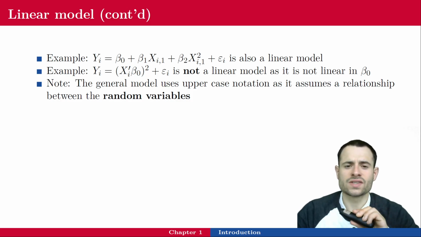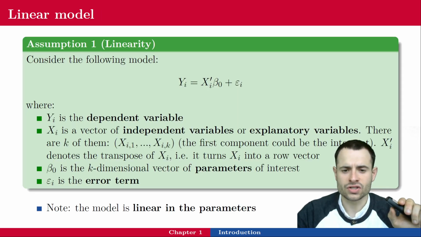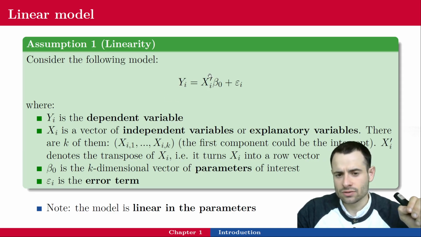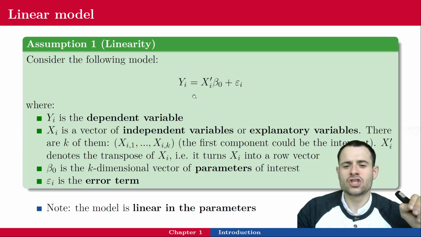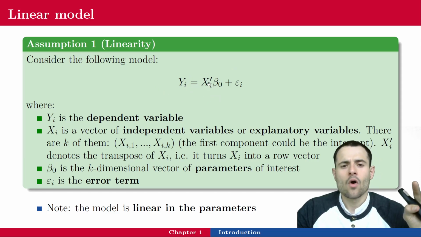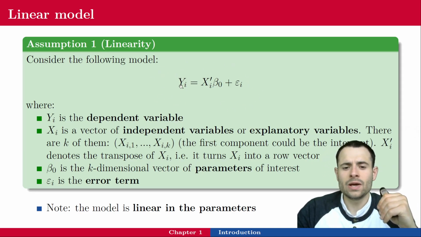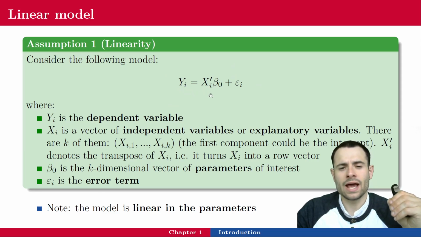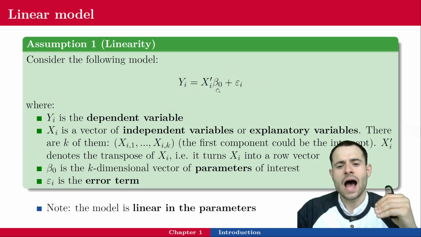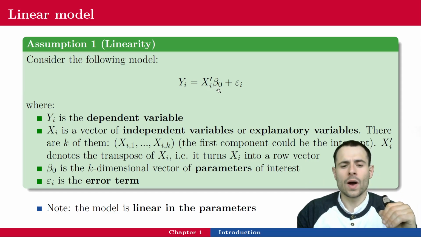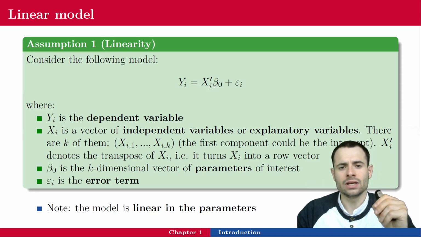I also want to emphasize that when I write models in a general form, I use uppercase letters, because this is the general form linking those two random variables. Once I take that to a sample, I can replace big Y by a small y and big X by a small x to say that I observe a realization of Y. Big Y could be the height of somebody in general.